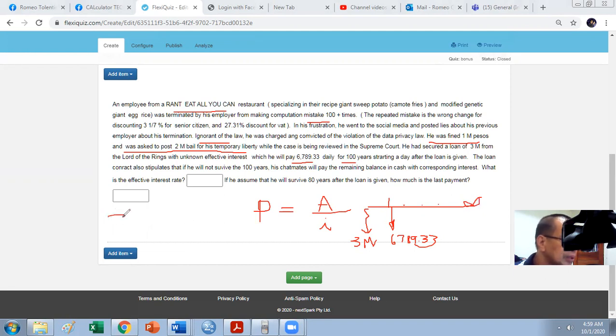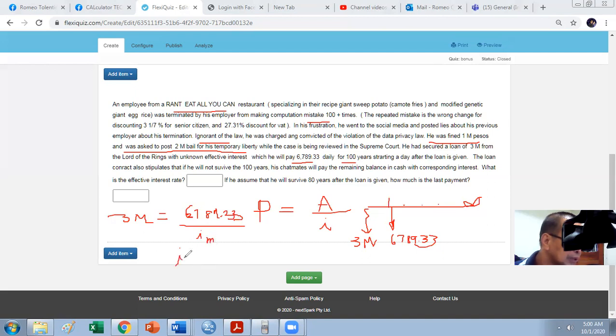So, yung 3 million will just be equal to 789.33 divided by i. But this is monthly.